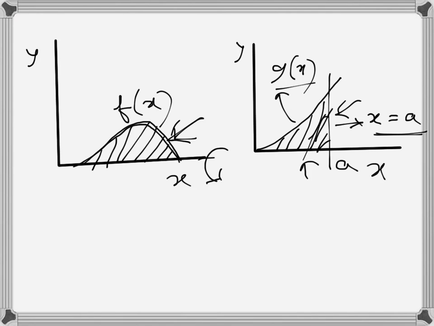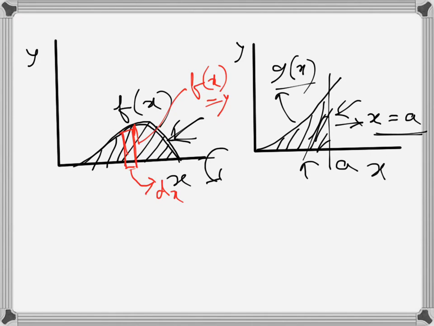So let's consider the first one. We'll consider the disk method, and here it is rotated about the x-axis. If we take this small section and consider the width of this interval to be dx, very small, infinitesimal, and this height here is basically f(x) at that value, or we can say y.